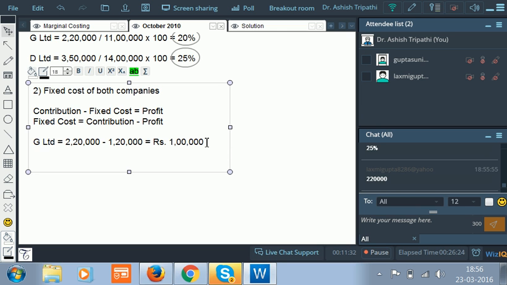Now same way we will have to calculate the fixed cost of D Limited. D Limited का contribution is 3,50,000 minus D Limited profit, which is 2 lakhs.